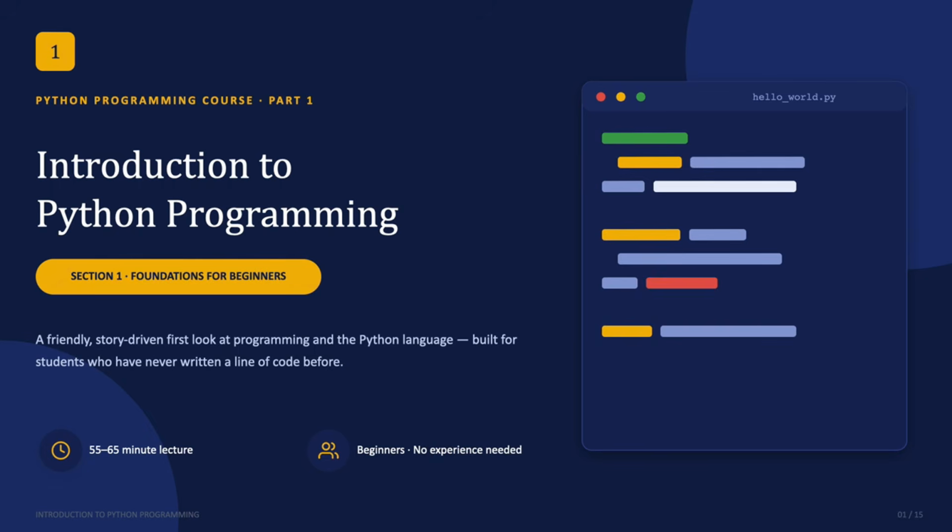Then comes the main event of the whole lecture, if, elif and else, which is the actual mechanism Python uses to run different code depending on the situation. We will look at nested conditions, which just means putting one if inside another if for handling situations where one decision depends on another.